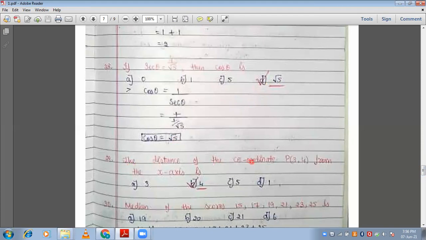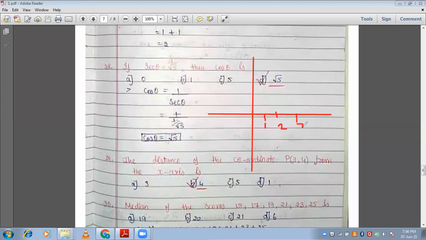24th question. The distance of the coordinate (3, 4) from the y-axis is dash. Yes. So this is the graph. Now mark the points. 1, 2, 3, 4. Here 1, 2, 3, 4. So mark the point (3, 4).